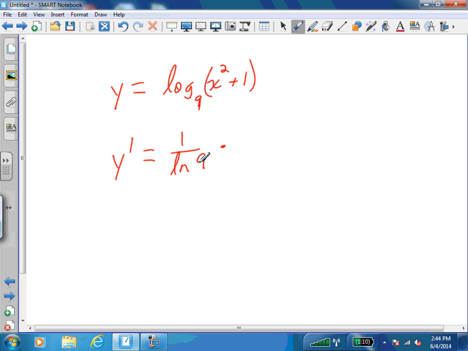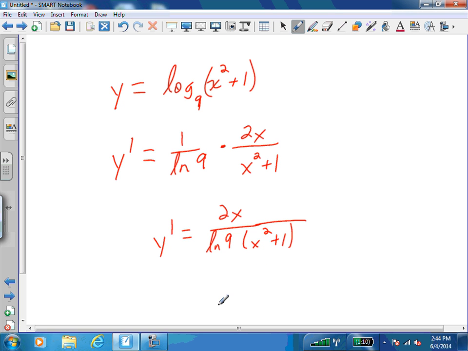And then the rest of it is just like taking the derivative of natural log. This goes on bottom. Its derivative goes on top. So what's the derivative of that? 2x. So y prime is 2x over natural log 9 times x squared plus 1. Either way, you can write it, that's fine. I'd probably leave it like that middle one there.